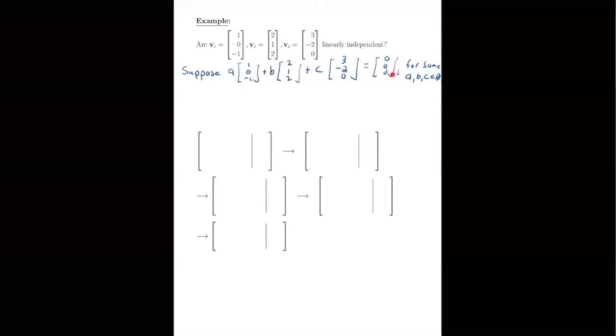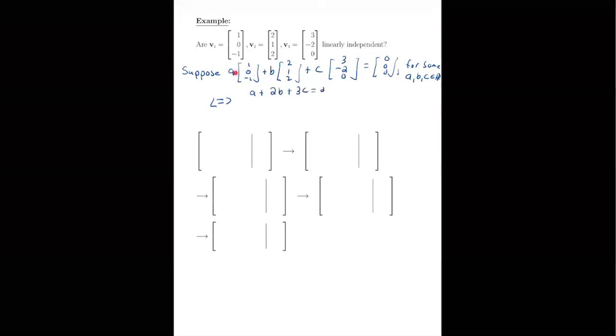Now, to figure this out, we will notice that this is equivalent to solving this system of equations. So we get a system of equations by looking at the entries. Here we would get A plus 2B plus 3C is equal to 0.